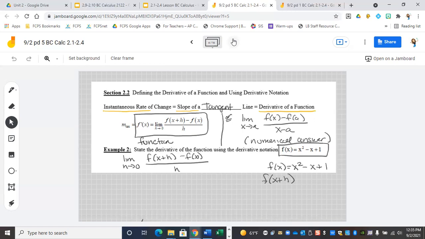That's what you put into the function for x, correct? So what you're doing is taking your x out of this equation and replacing it with the x plus h. So all I'm going to do in this equation is take out my x and replace it with my x plus h. Make sure you leave parentheses around that x plus h, because it follows that subtraction sign. So this is my f of x plus h.